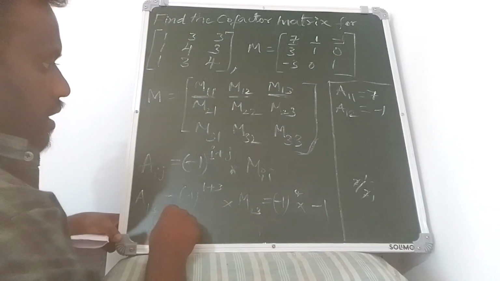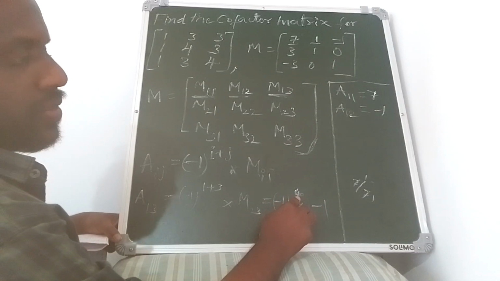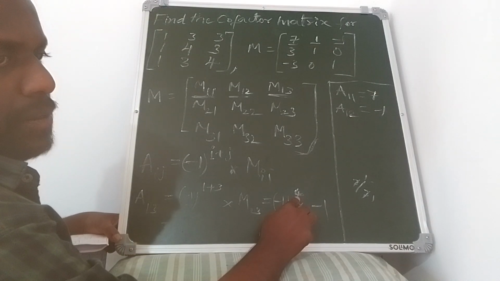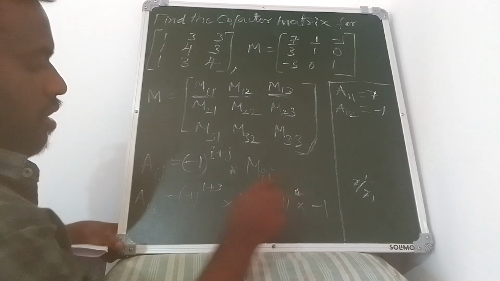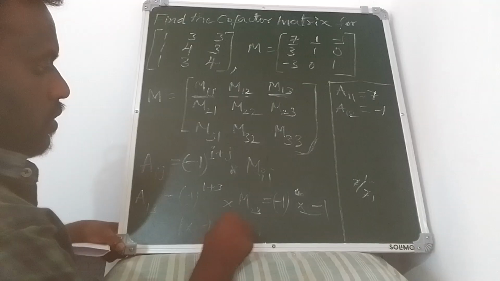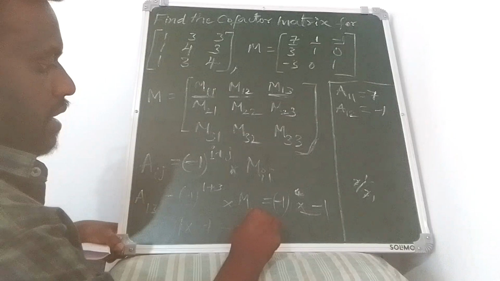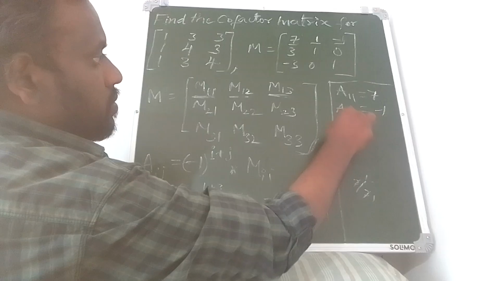Next, see this 4 is an even number, as I said, it is completely divided by 2. So minus 1 to the power of an even number is always plus 1. So 1 into minus 1 is minus 1. So we got A13 is equal to minus 1.